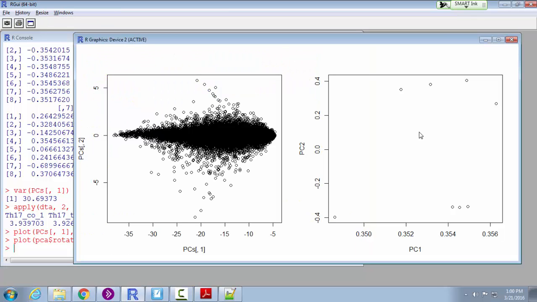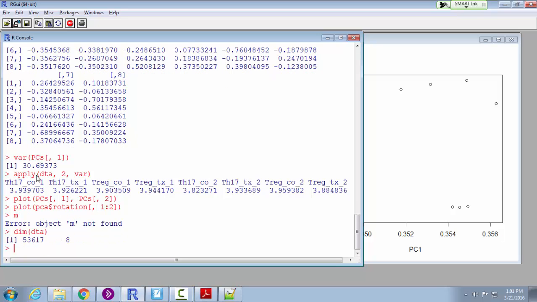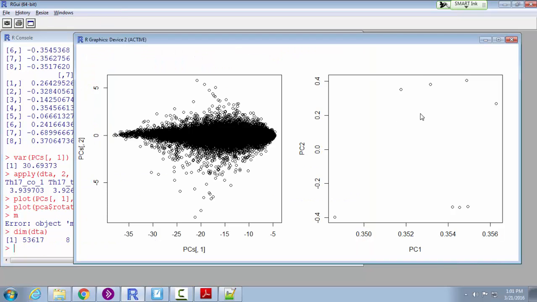The left plot takes all of your 54,000 genes, for which you have 8 observations each, taking all of that huge amount of data and boiling it down from 8 dimensions to just 2.